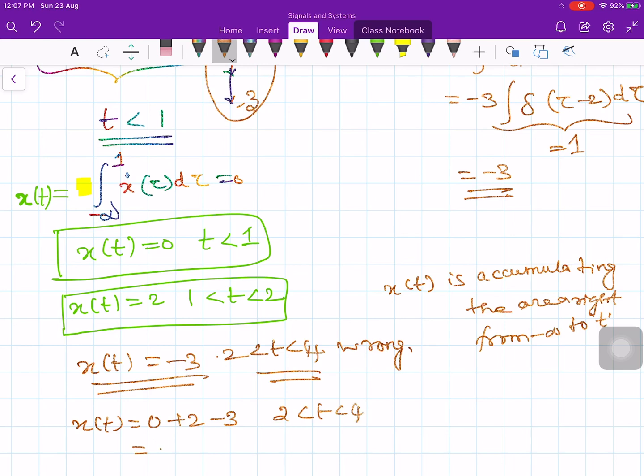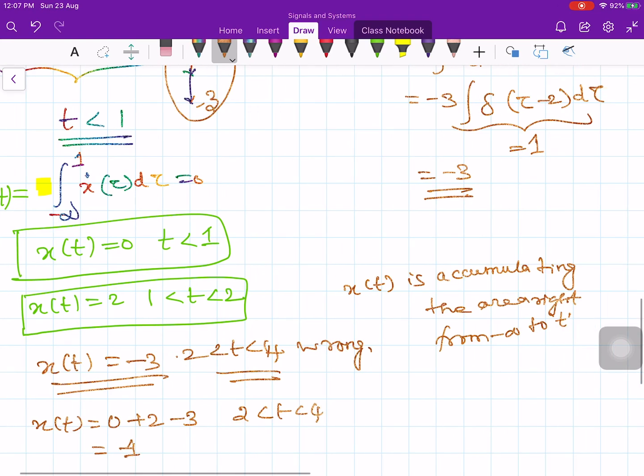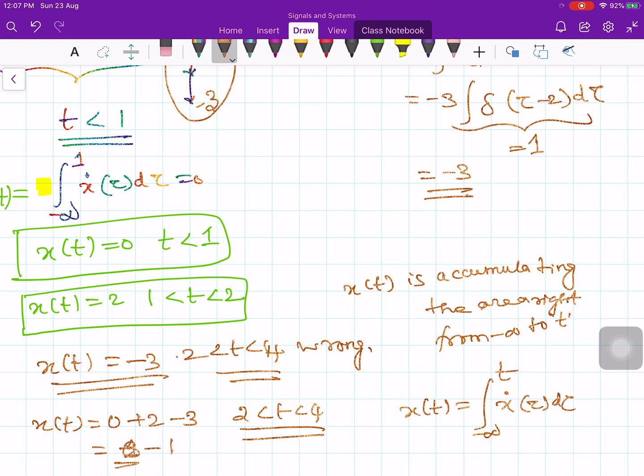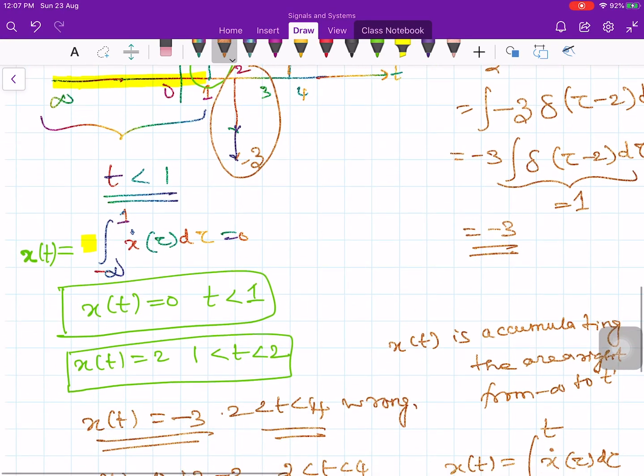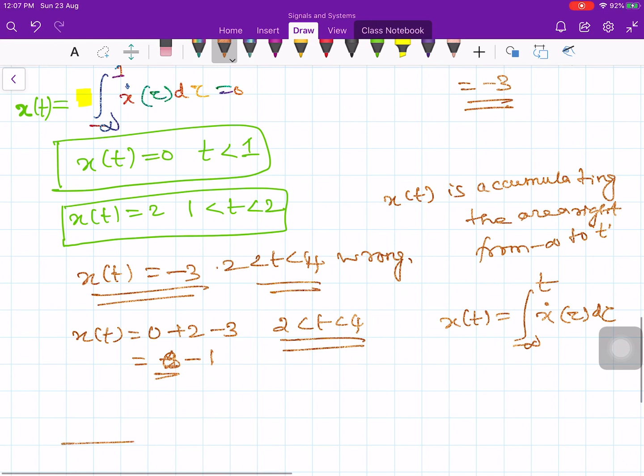By the original definition, your x of t is the integral from minus infinity to t of x dot of tau d tau, but piecewise it is varying, and that is why we are considering these intervals. That is why this is minus 1. Now you can plot it. The plot looks like this. Up to t equal to 1, it is 0, and between 1 and 2, its height is 2.